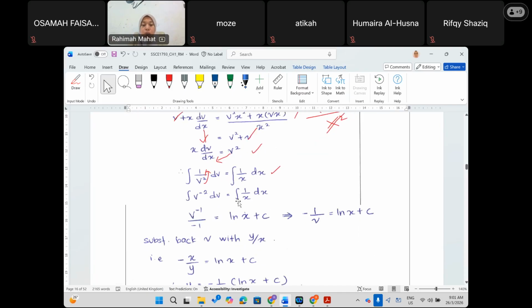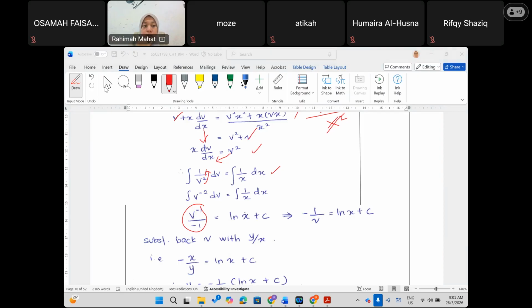So you get integration of 1 over x is equal to ln x plus c. The negative you bring to the denominator, you get -1 over v is equal to ln x plus c.